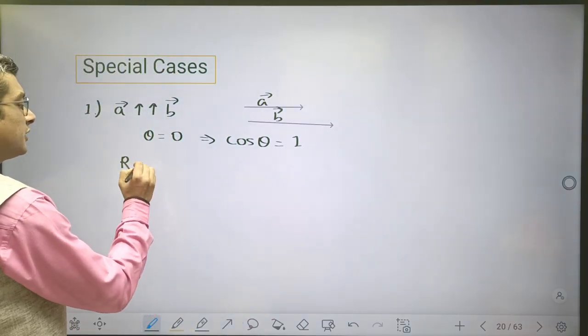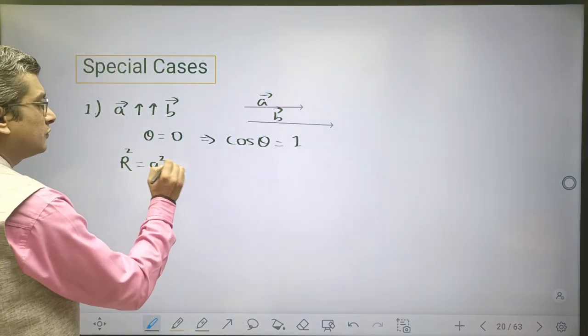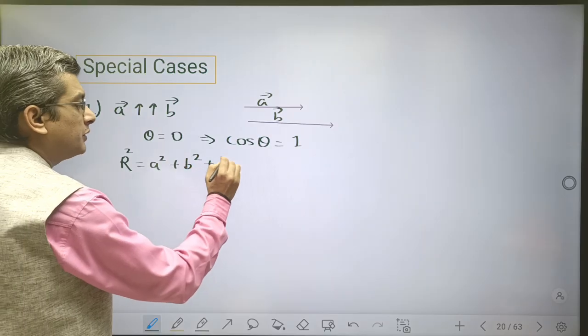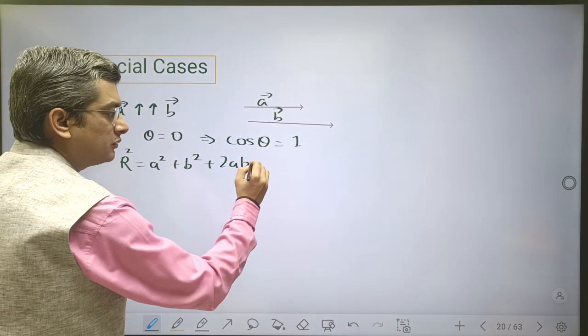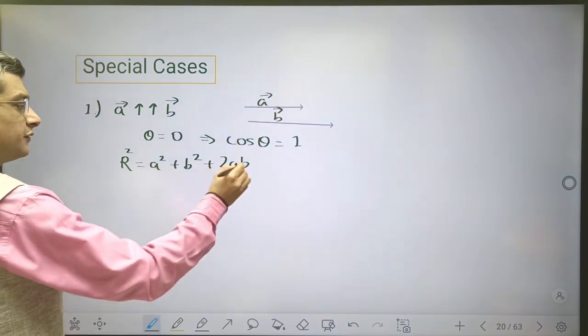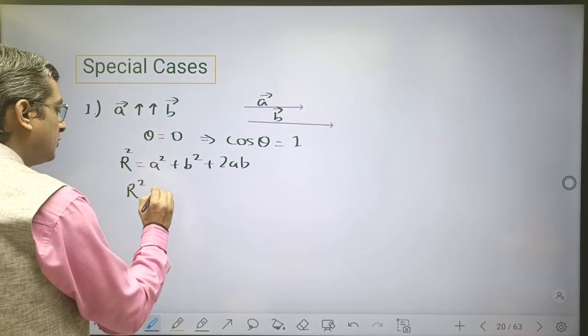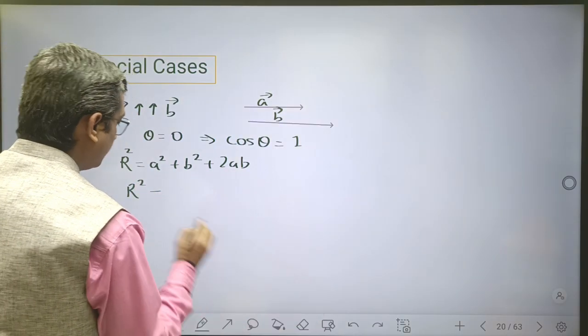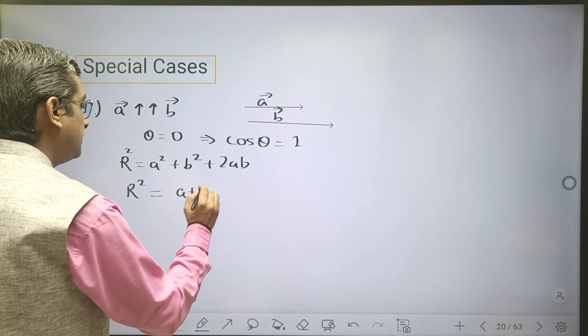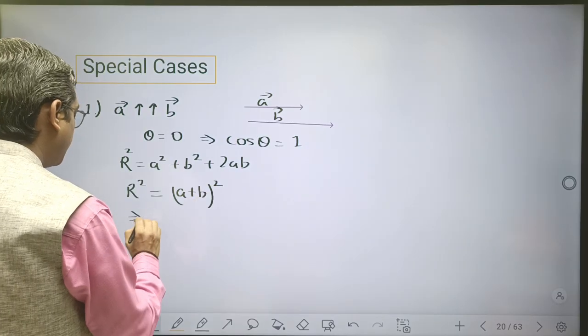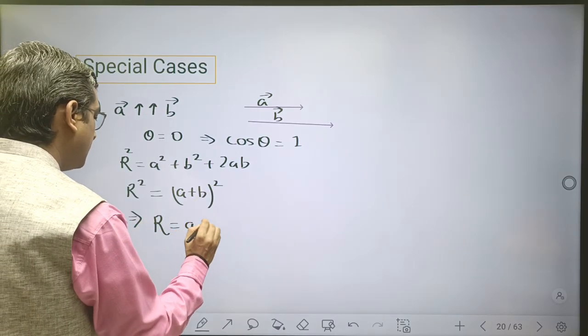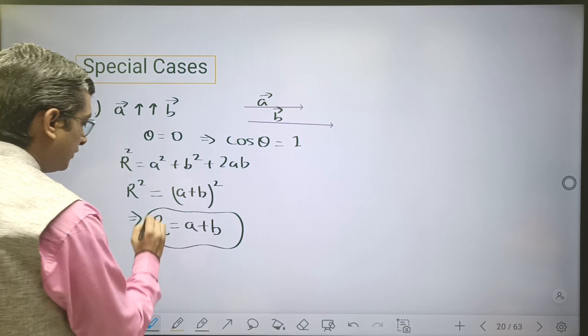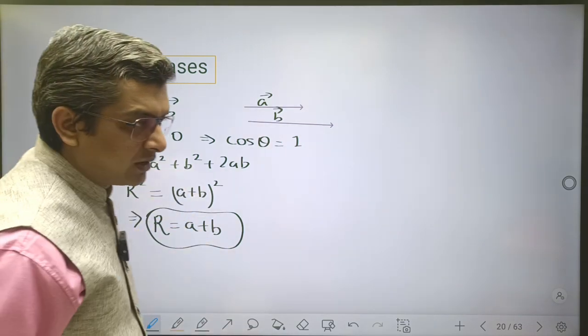So the formula would be R square is equal to A square plus B square plus 2AB cos 0, which is 1, and this is nothing but A plus B whole square. This implies that R is equal to A plus B. So just add the two vectors, isn't it?